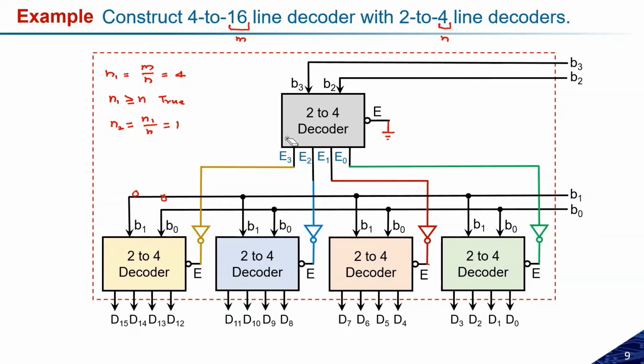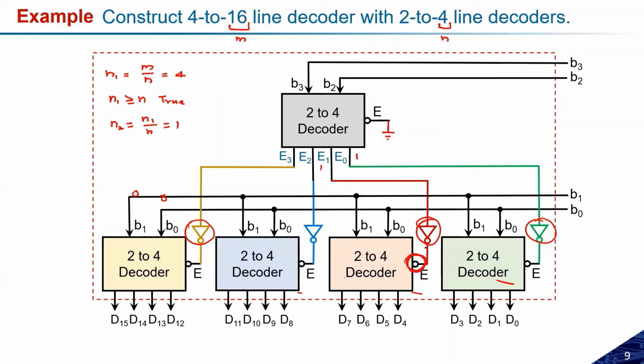But the problem is, to enable all the decoders, we require inverters so that I can get an active low signal over here, because here I will get 1, so that should activate the first decoder. If I'm getting E1 equal to 1, then it should activate the second one. So we are complementing with the help of an inverter, and we are using one bubbled decoder, the active low decoder.